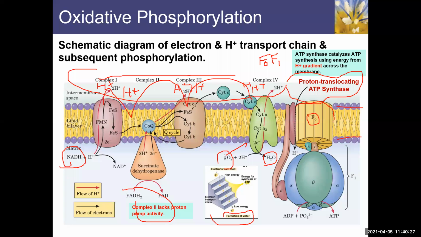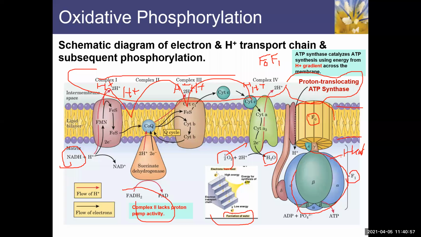This enzyme also has a part which is not present within the inner membrane, which goes outside it. Do you see it here? This one. This is called an extra membrane domain, or an F1 domain, or we sometimes call this the headpiece.